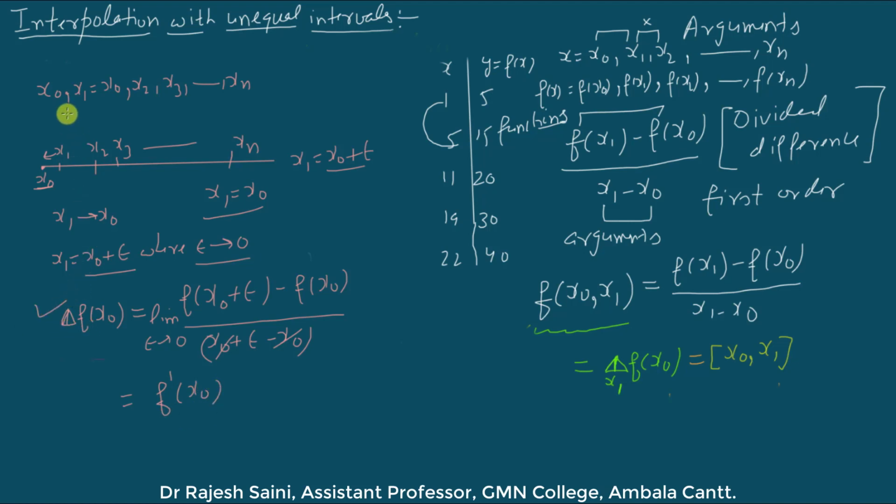Similarly, if the first three arguments are coinciding, what will we get? We will get the second order divided difference, and I will show you how to write it.